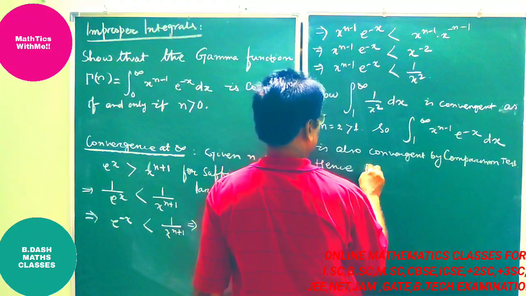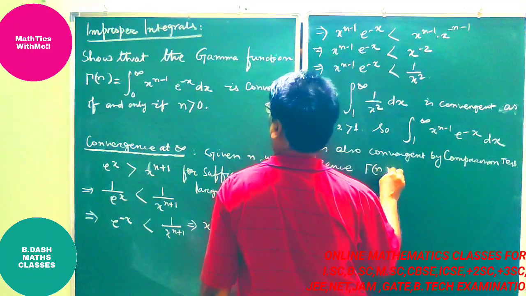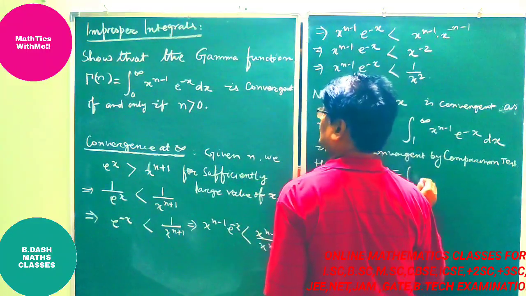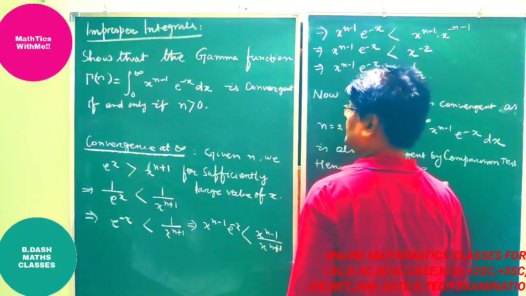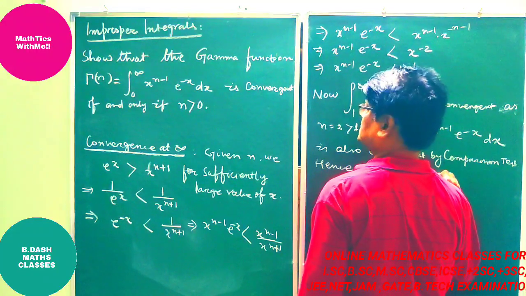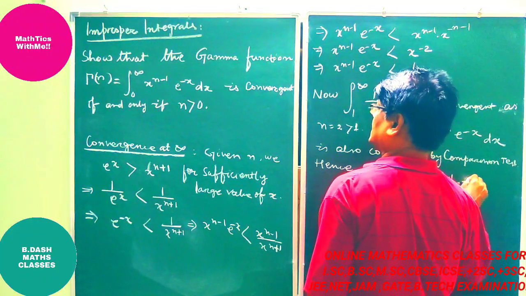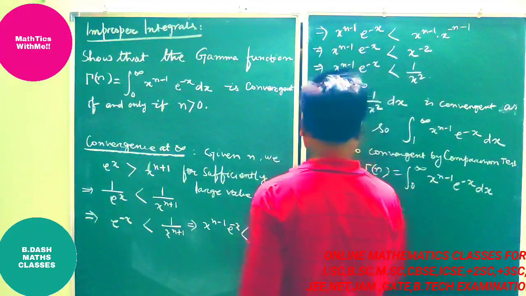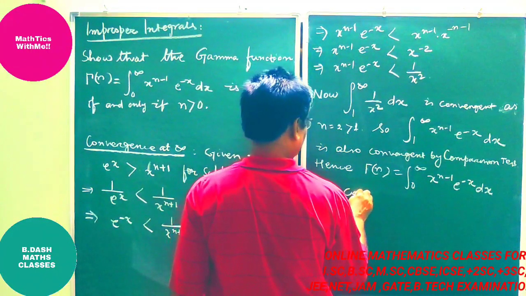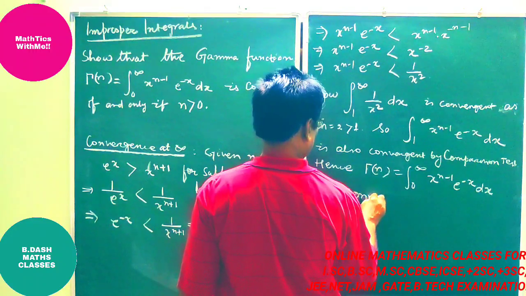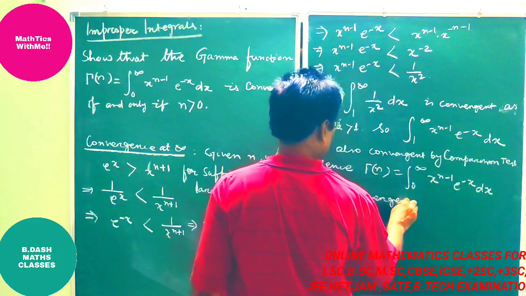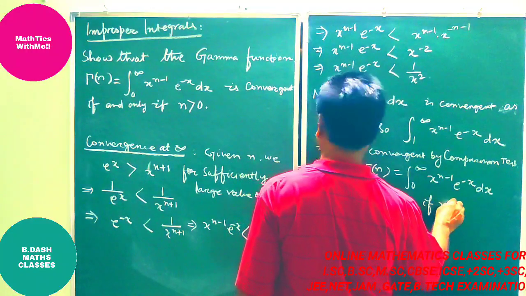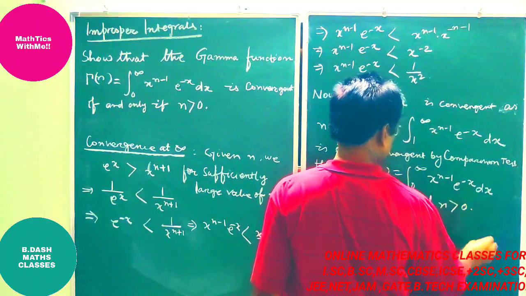Hence, gamma of n, the integral from 0 to infinity of x to the power n minus 1 e to the power minus x dx, is convergent if n is greater than 0.